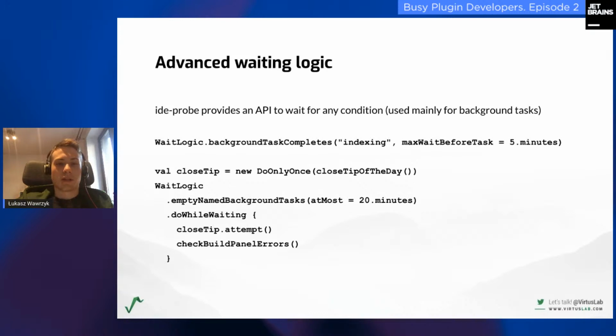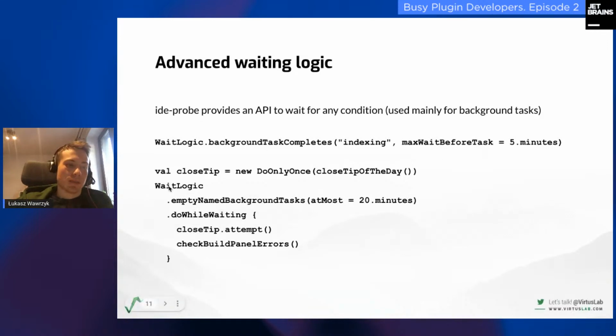So this wait logic makes sure that indexing was started and completed. And there are multiple optional arguments here. For example, max wait before task. This will make it wait for at most 5 minutes until it sees indexing. If it doesn't see indexing in this time, it's considered an error. So something wrong happened in the test.